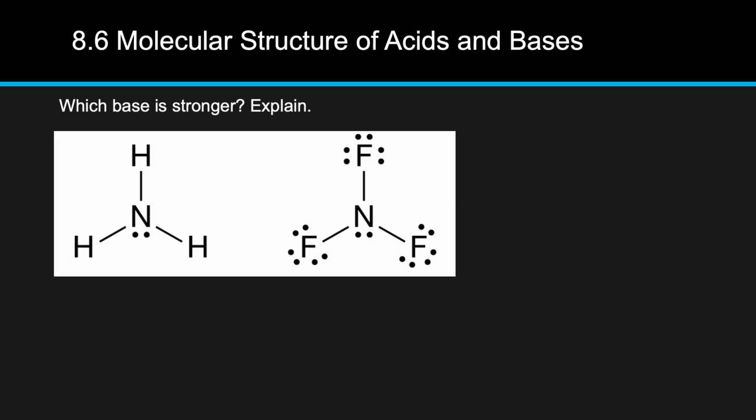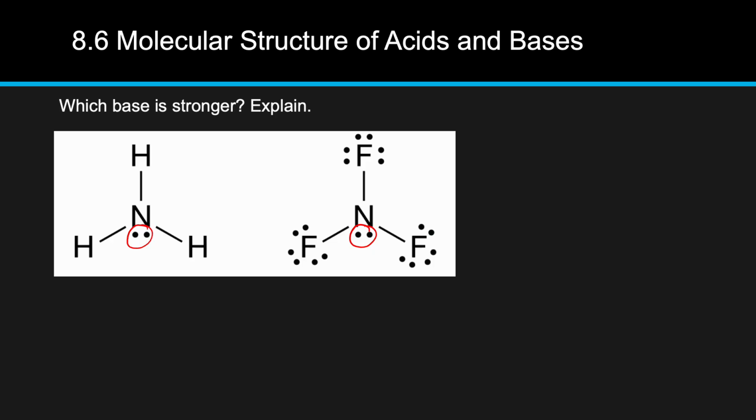Which base is stronger? Explain. Both of these have a nitrogen with a lone pair, which means it can donate this lone pair to a proton and become a positively charged ion. Now the question is, which one is stronger?